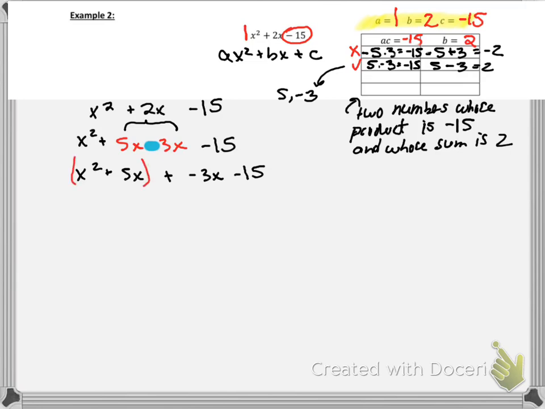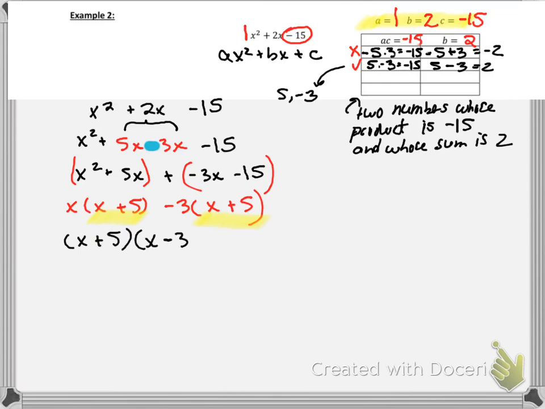Then we can group these terms together and these terms together. We can factor out an x over here. We can factor out a 3 over here, or negative 3 rather, sorry. Then we see that this term and this term are identical. So we factor out our x plus 5, and the x minus 3 is left over. That's our final answer.